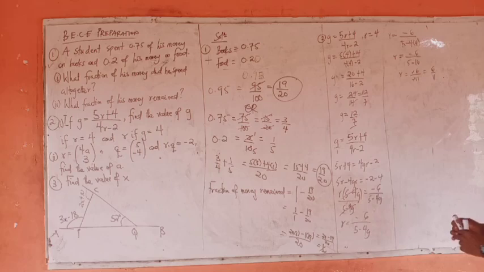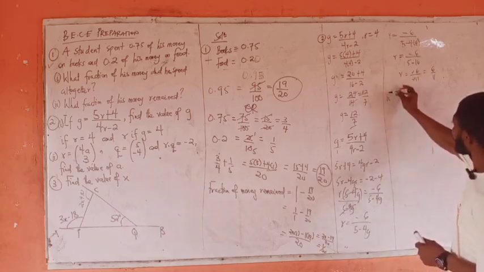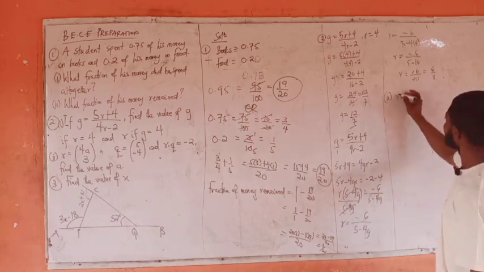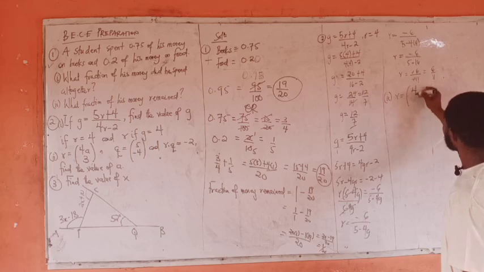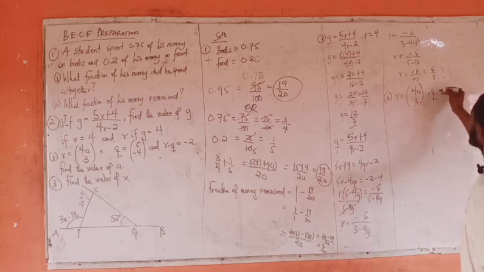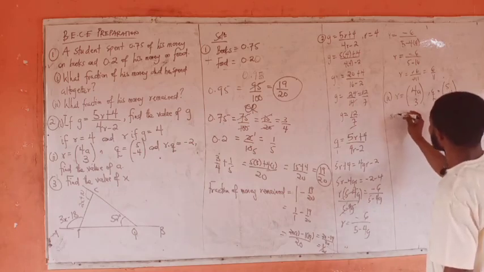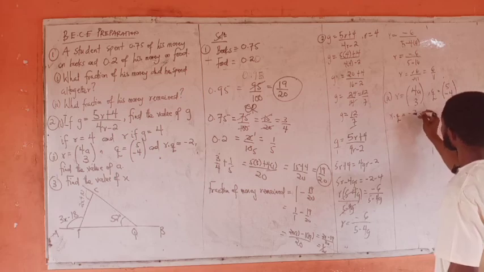Question 2ii. It says if r is equal to (4, a, 3) and q is equal to (5, negative 4), we are to find the value of a if r dot q is equal to negative 2.